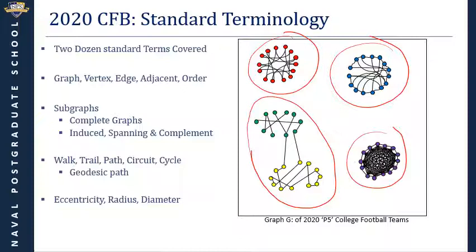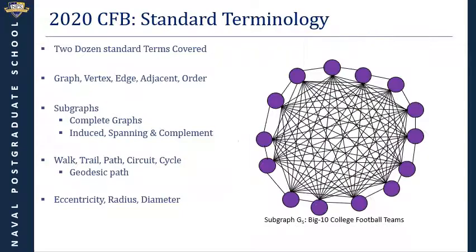This means that the graph G as a whole is a disconnected graph, and each grouping of connected vertices is called a component. If each colored group represents a football conference, then we can examine types of subgraphs by considering the purple subgraph of Big Ten football teams.